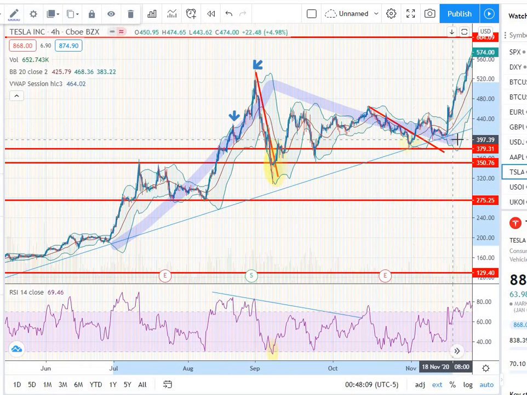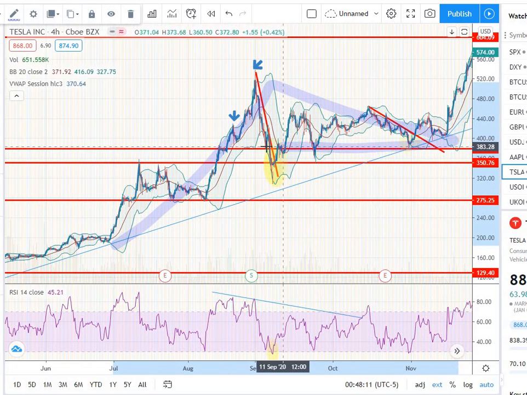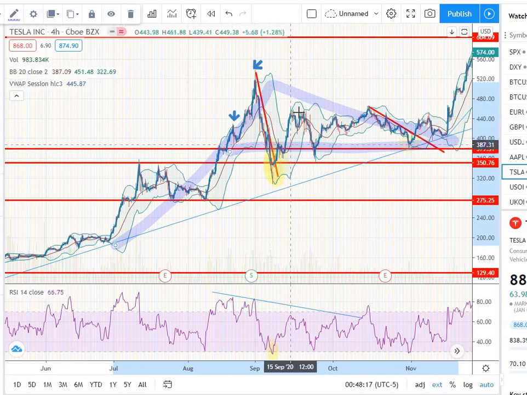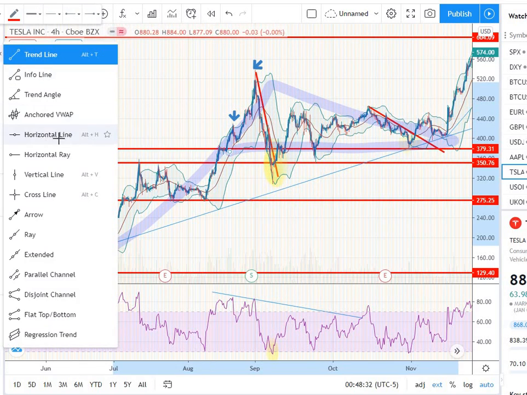This was a pattern where the market went up, came down, consolidated. This is what I was telling you. Some people like to trade at this point. They trade at support and resistance. So this would have been another resistance. Let me draw that out for you so you guys understand. This would have been another resistance, and this is what a lot of people buy and sell, buy and sell.